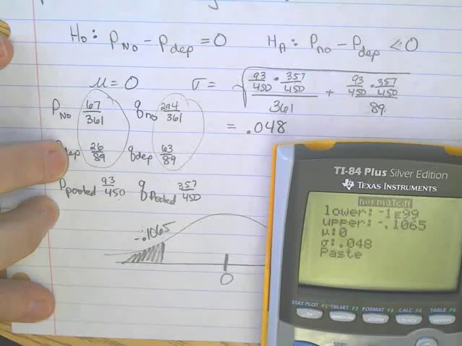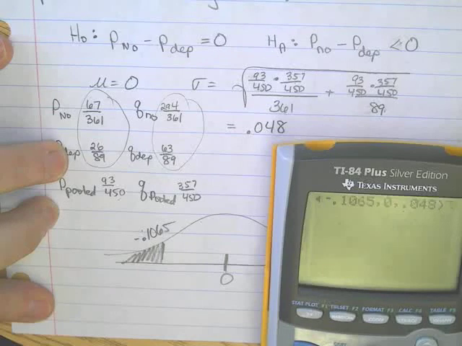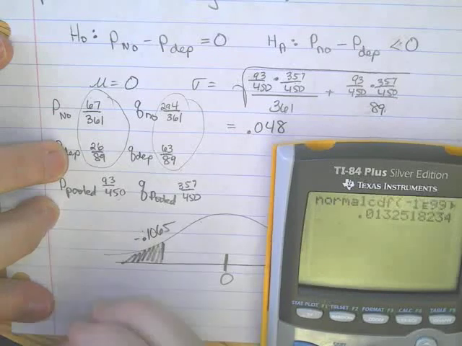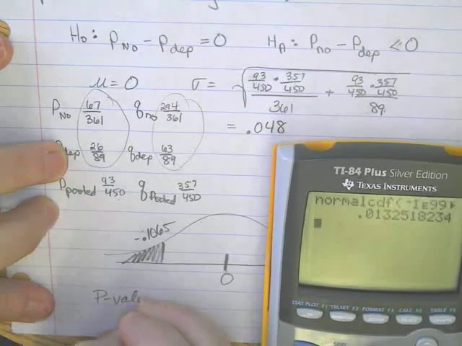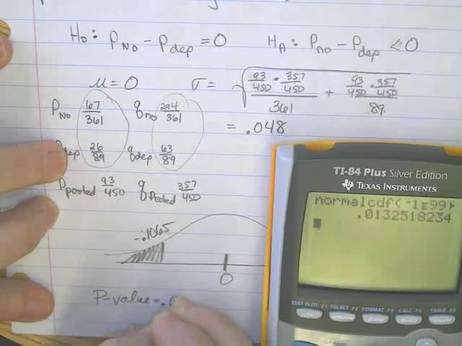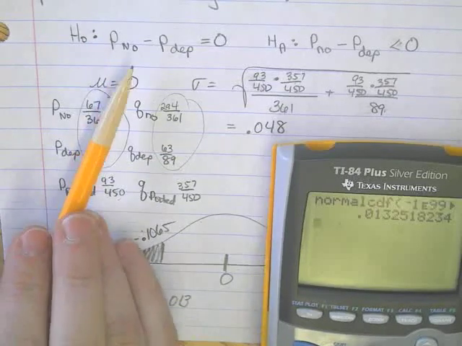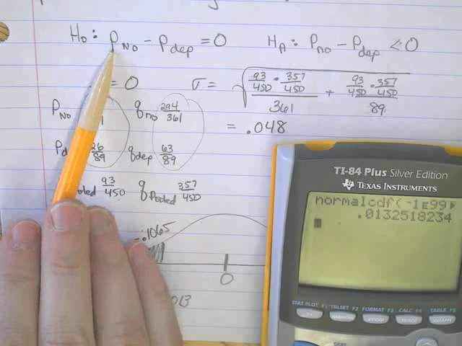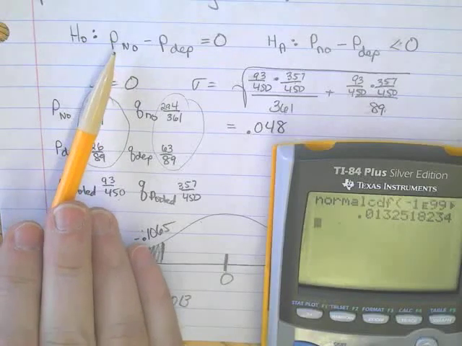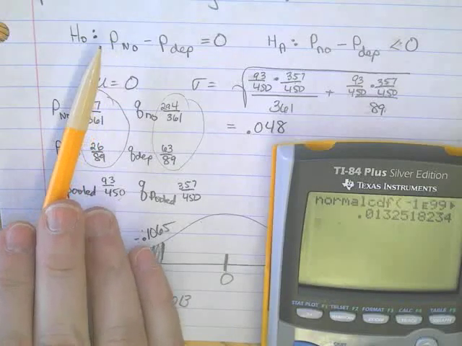And I find that that's a p-value of 0.013. So that's saying only 1.3% of the time we could get results like this if they were the same. And so because that is such a small number, we're going to reject our null hypothesis. So we're not going to say that depression and non-depression have the same rate of death, okay?